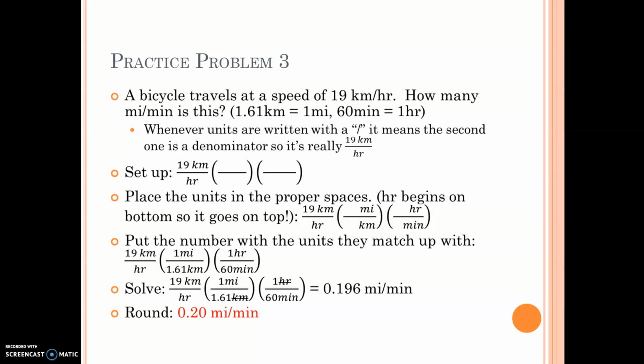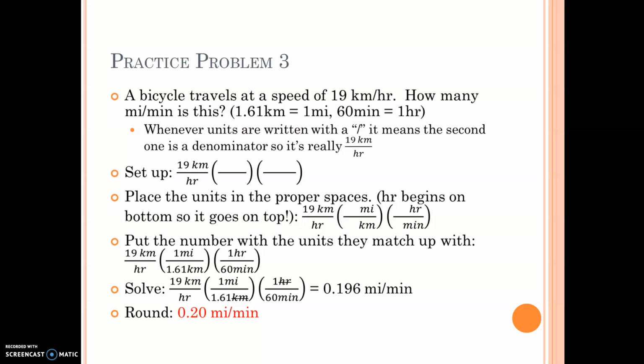So 19. The hours are also going to cancel out with the hours from the given measurement, right? So now we've got no kilometers, no hours. So we are left with the units that we want, miles per minute.